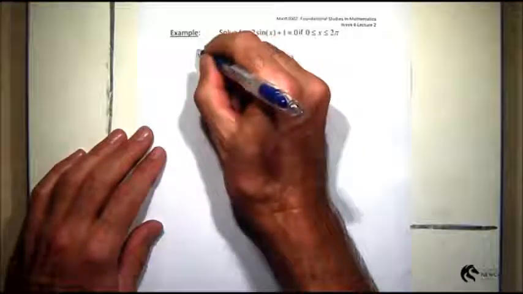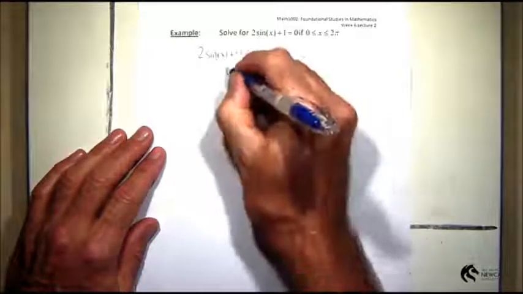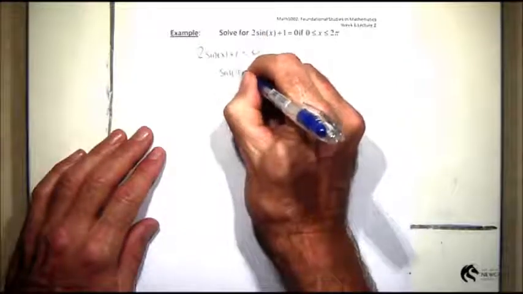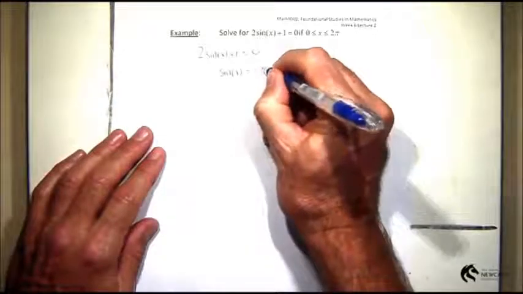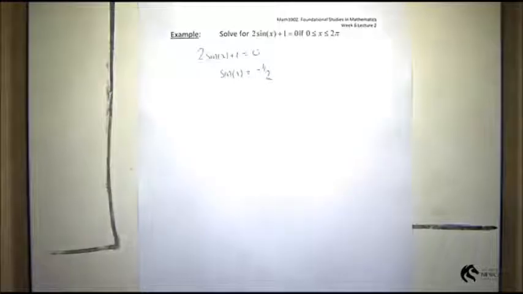So I can get this far fairly quickly. If 2 sine x plus 1 is 0, sine x has to be minus a half. So I've just done some simple algebra to make sine x the subject.